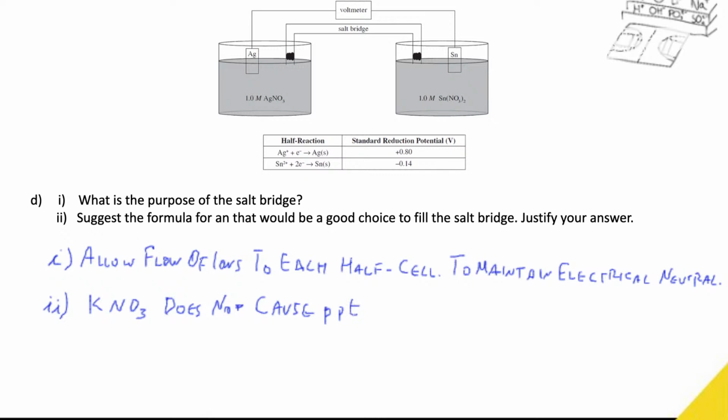Or if you don't want to use potassium, you could use sodium nitrate. Both are very safe salts to use in a salt bridge where you want them to just transfer charge and not cause precipitate of anything else. Sometimes they'll give you barium or a sulfate in there, and you have to watch it because those may cause a precipitate, and that's not what you want.